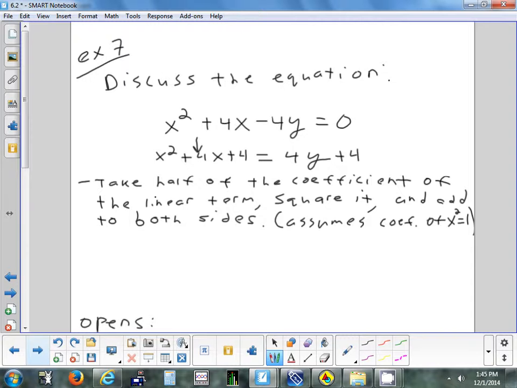Now, if you've completed the square correctly, that left side should factor very nicely. On the other side, just leave it like this for now. What will that left side factor into? It should factor into two things that are the same.